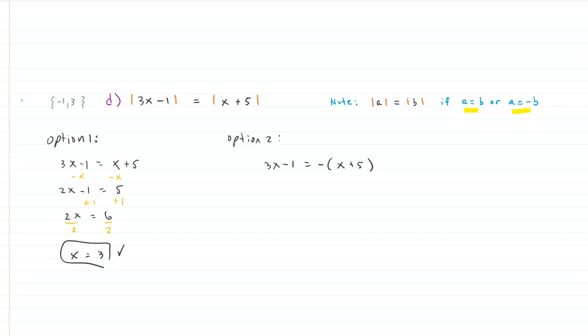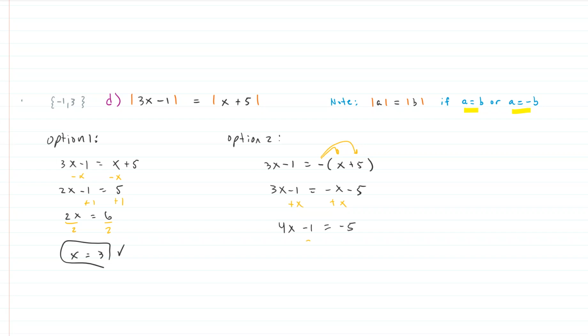Let's distribute the negative through. That gives us 3x minus 1 equals negative x minus 5. Now we solve for x. So let's add x to both sides. That gives us 4x minus 1 equals negative 5.